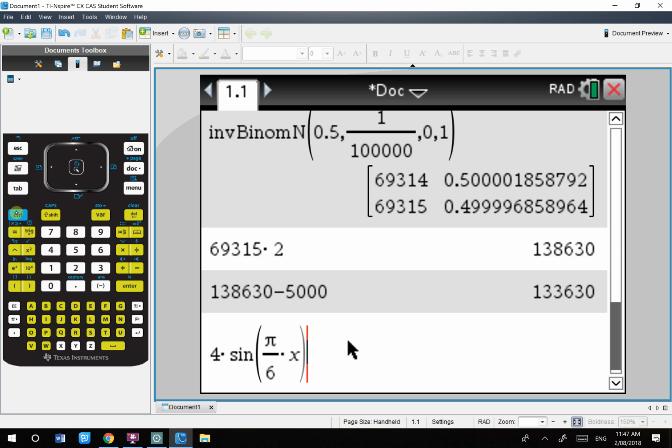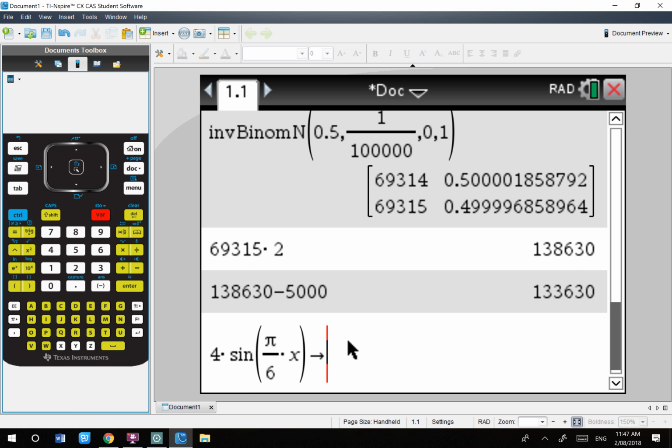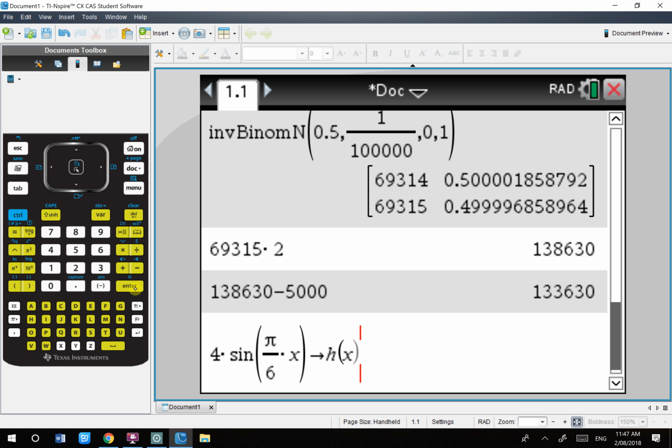So I will press Control VAR. See the 9 button, above that is the VAR. So Control and then VAR, to get this arrow here and give the name. Because my variable has changed to x, I will go for h bracket x and press enter.